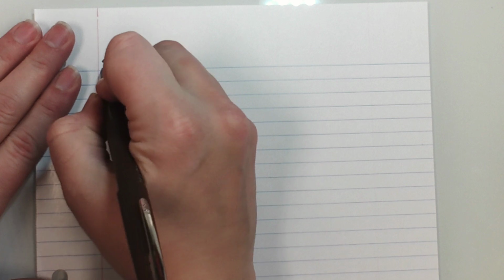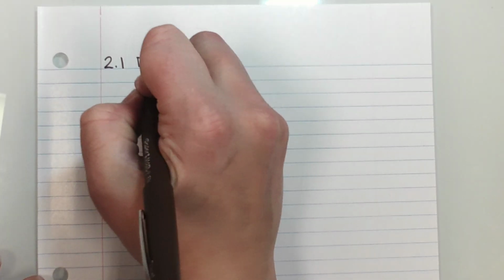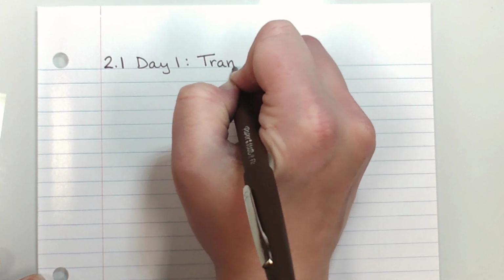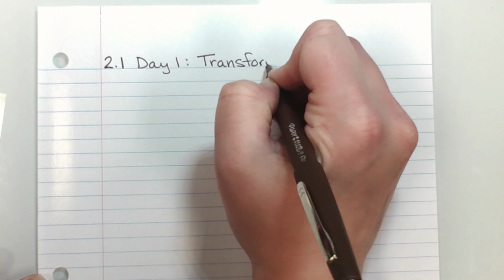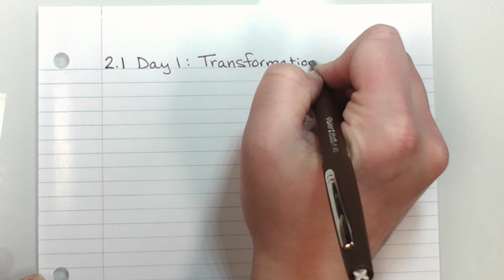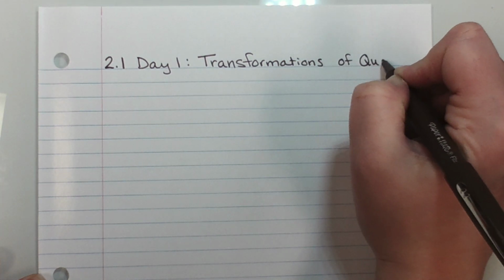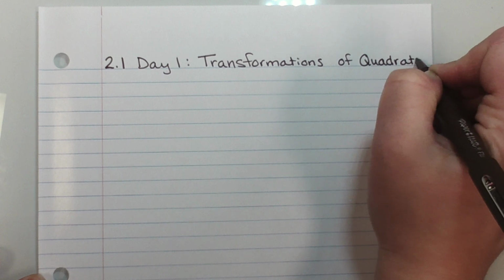For example, today we're starting up section 2.1. We're going to be doing 2.1 over a couple of days. But today's focusing on transformations, but today, it's only going to be of quadratic functions.